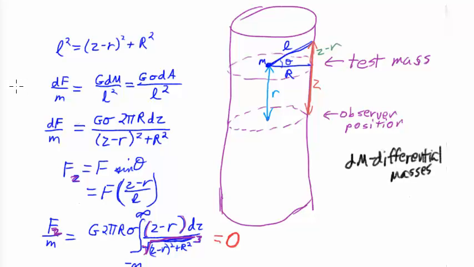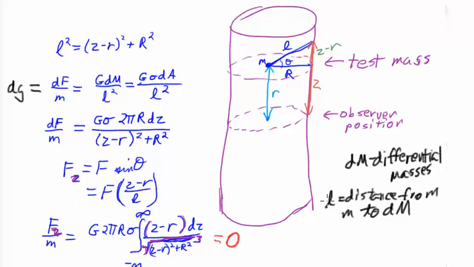Each differential mass creates a differential gravitational field at the central mass according to the universal gravitational constant G times the differential mass divided by the square of the distance between the point mass and the differential mass.